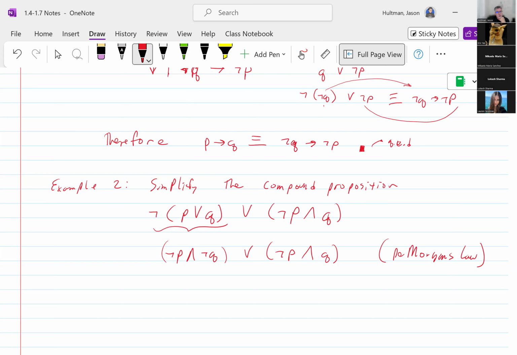Now we have the distributive property on not P. So if we take not P and we distribute, we would distribute not P and Q, not Q and Q. Not Q or Q. Well, what do we say not Q or Q always was?